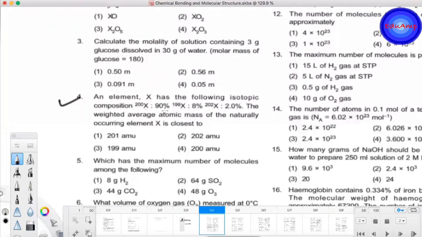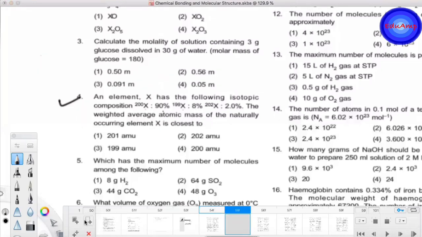Mass number 200, having an abundance of 90%. Mass number 199 having an abundance of 8%, and mass number 202 has an abundance of 2%. Let's try to calculate the average atomic mass of X.